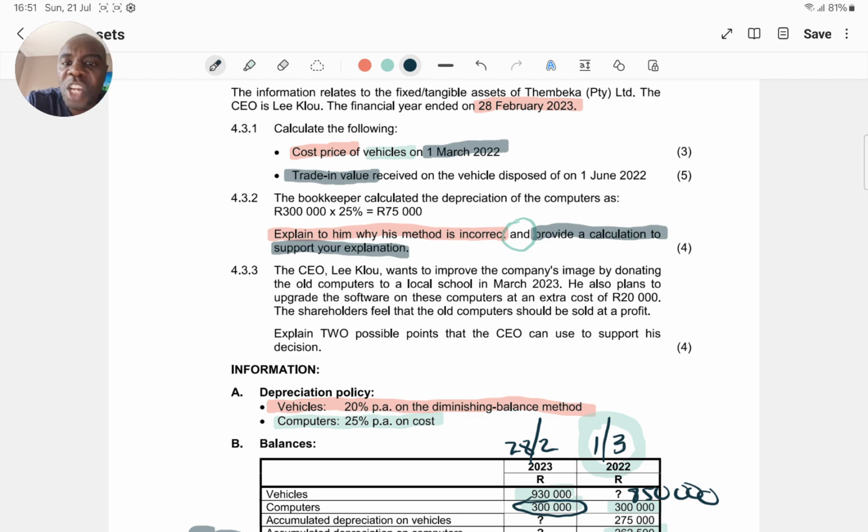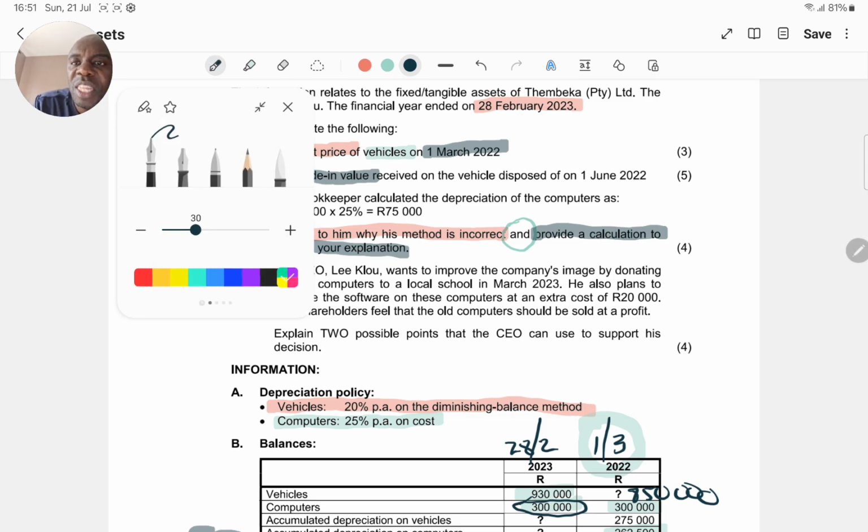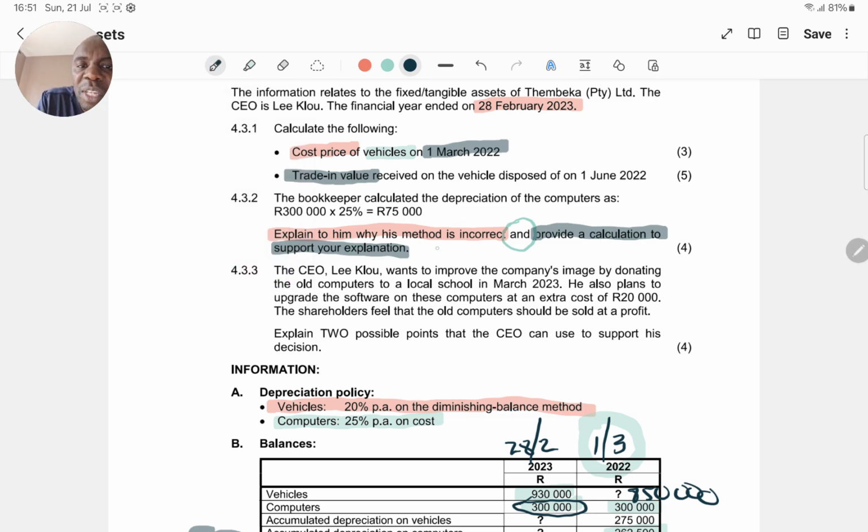Provide a calculation to support your answer. So the calculation that we have provided is therefore 37,500 minus 1, which gives you 37,499. This becomes the value of our depreciation, not 75,000. That is what we would have done on question 4.3.2.